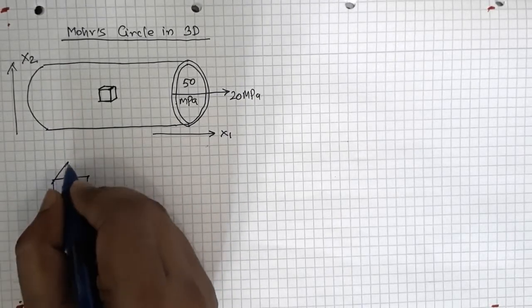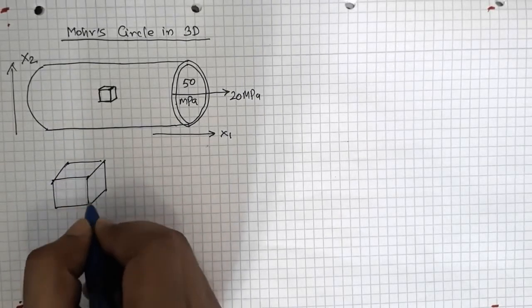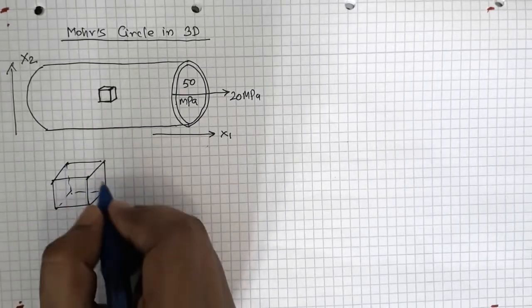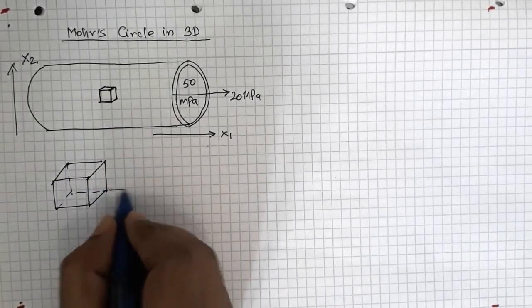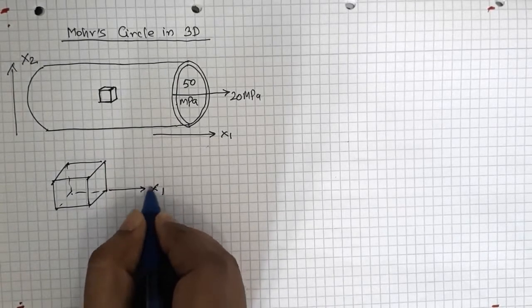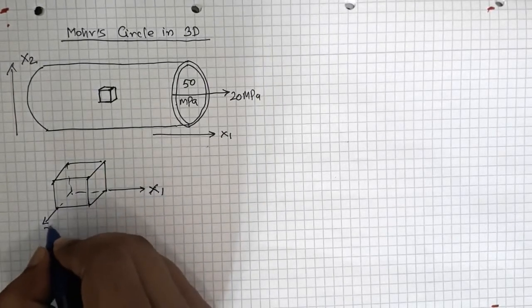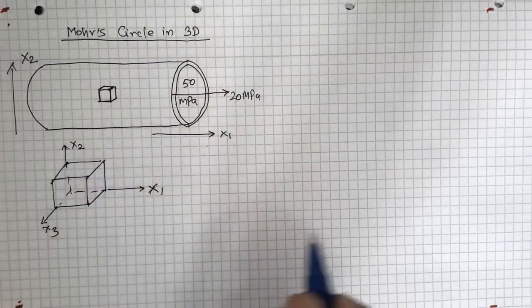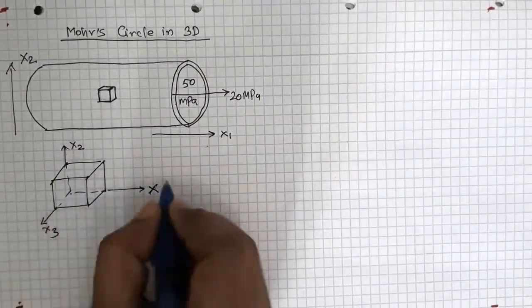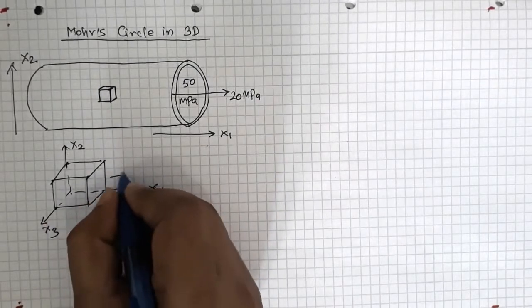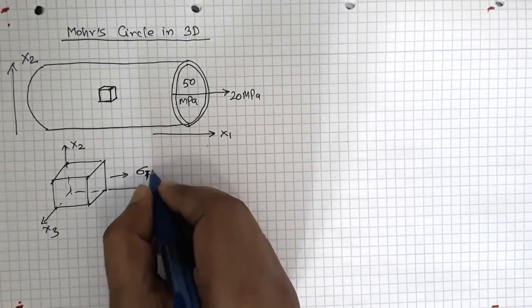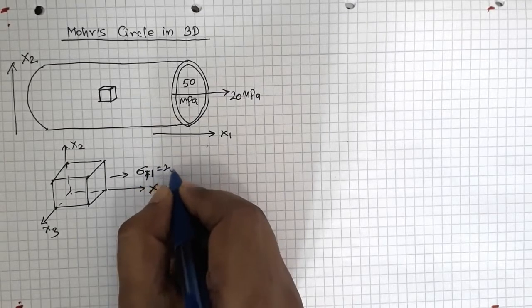We take this stress element out, okay, and so this is my x1 direction, this is my x3 direction, and this is my x2 direction, right? So along the x1 direction I have a stress which is sigma 11, equal to 20 megapascal.